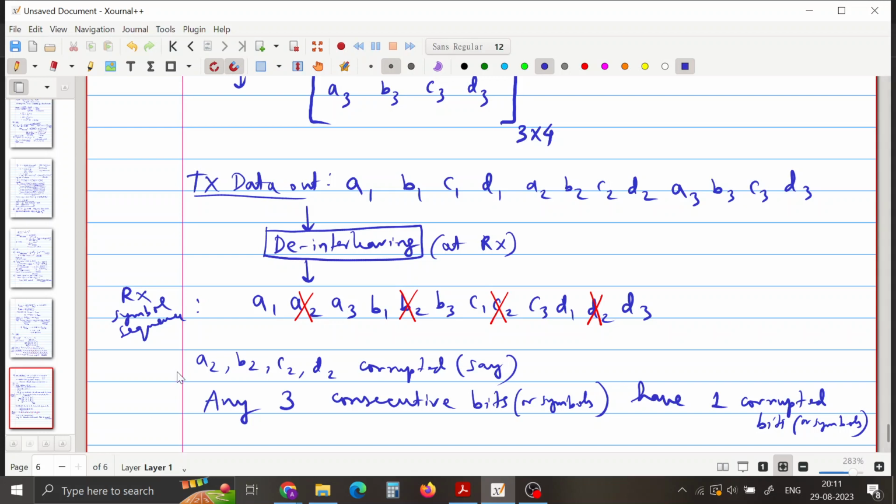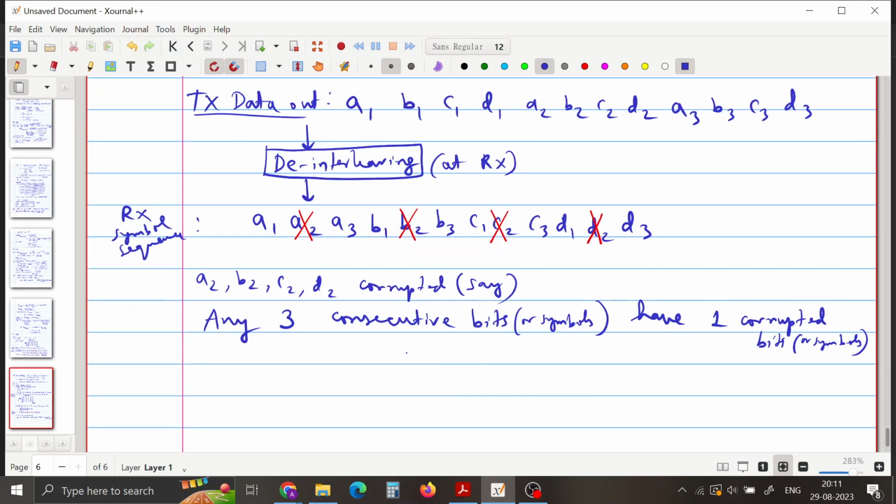Correct? Any 3 consecutive, let's say A2 A3 B1, this 3-bit string will have only one error in A2. Similarly, you consider B1 B2 B3, there is only one error at B2.